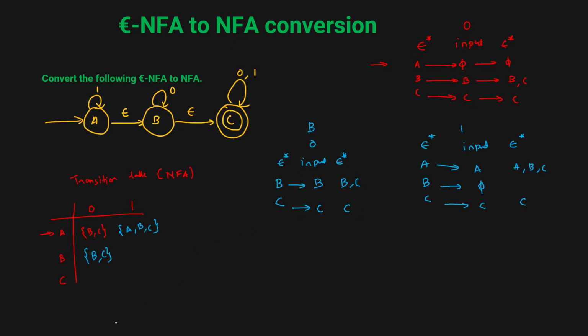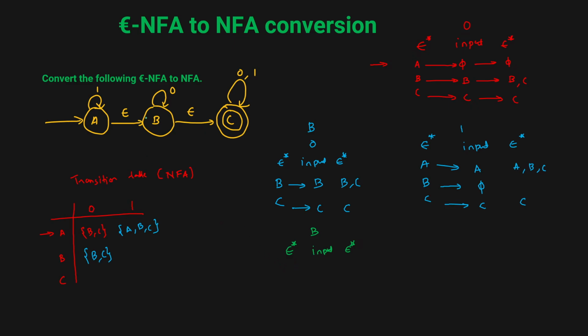Now you check it out for input 1. Let's just change the color now. Let's make it green. So now for input 1 with epsilon closure before and after, we're in state B, input 1, where do you go?